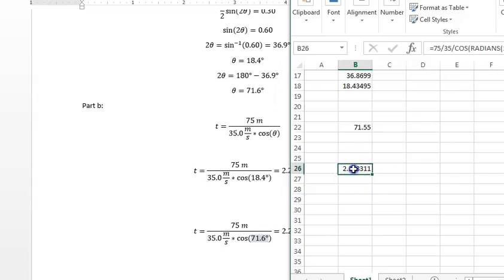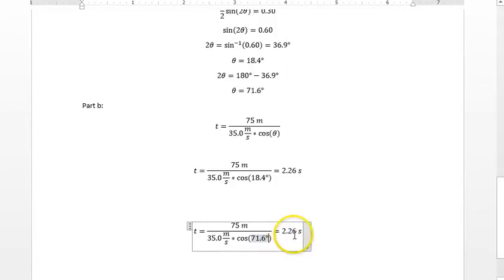And what do we get from Excel? I'm just going to copy that and stick it in. 71.6 degrees, and we get 6.79 seconds.